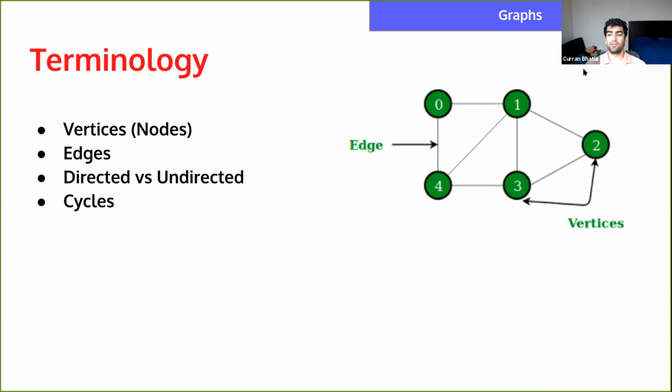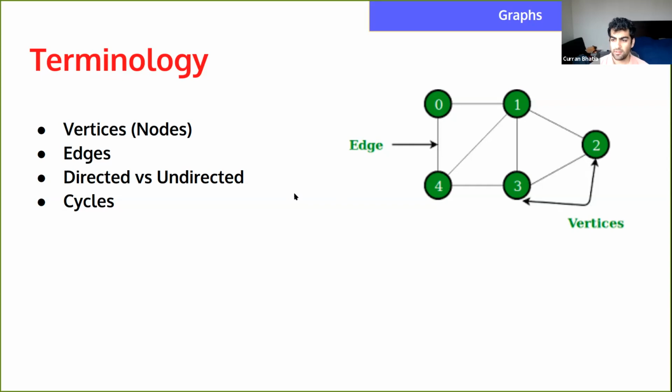And then a cycle is when a graph is directed such that it'll just keep hitting the same nodes. So for example, if 0 had an arrow pointing to 4, and then 4 had an arrow pointing to 3, and then 3 had an arrow pointing to 0, that would be a cycle.